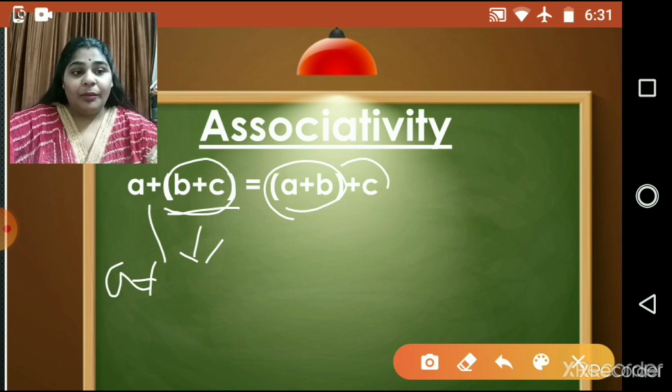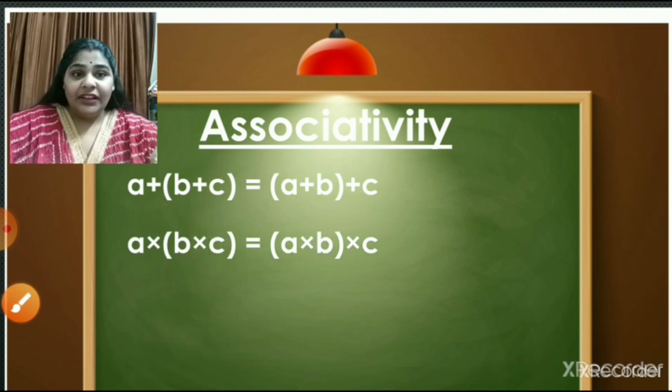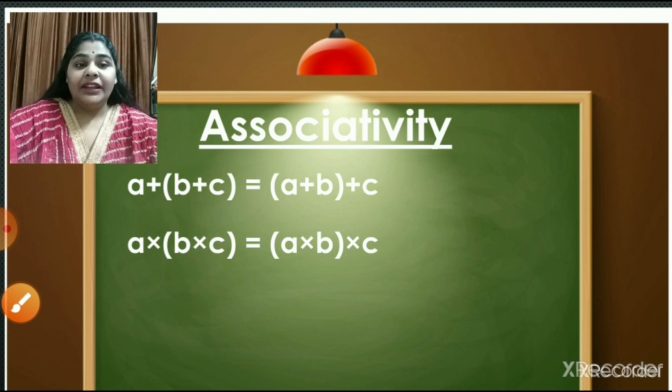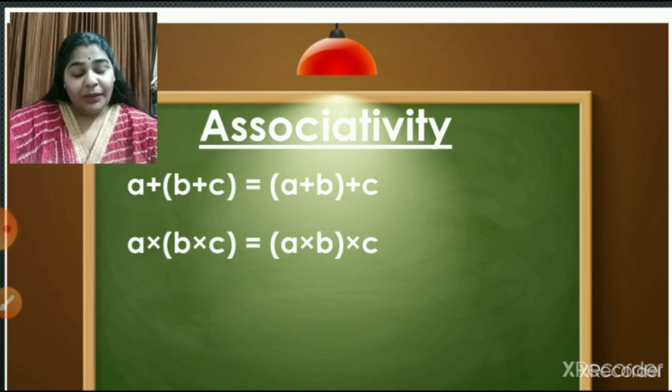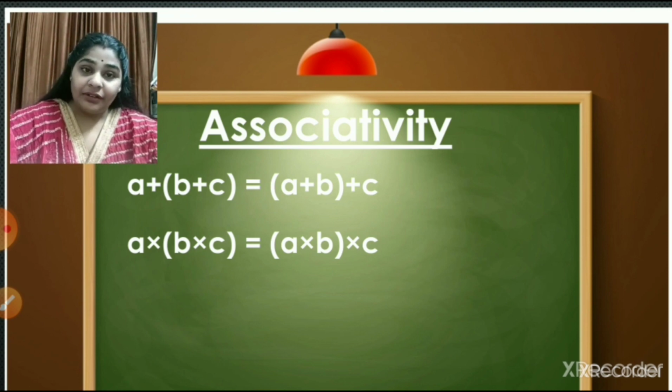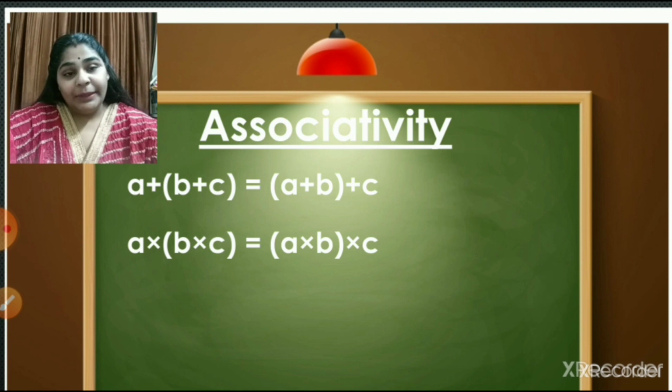So this is the property. And similarly for multiplication also, if there are three rational numbers, whether you multiply the first two and then multiply the third to that product, or you multiply the last two and then multiply the first one to the product you got, the answer will be the same.